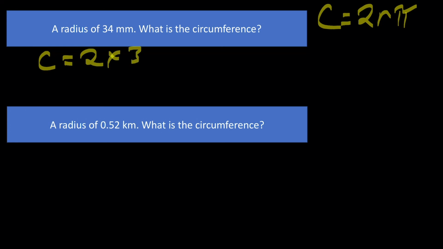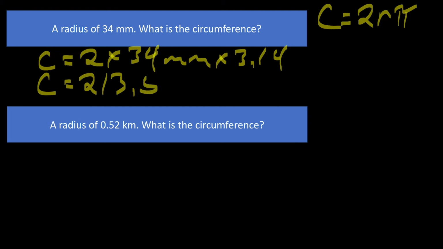2 times 34 millimeters times 3.14 is going to be equal to 3.14 times 68, and that is going to be equal to 213.52 millimeters.